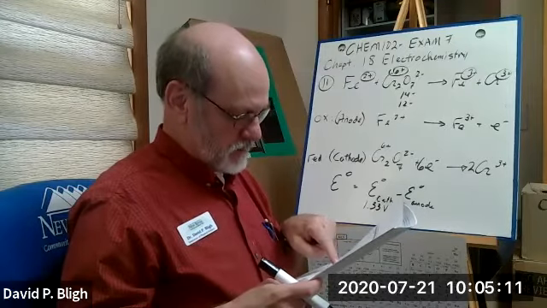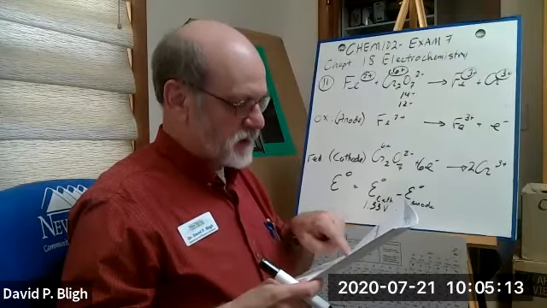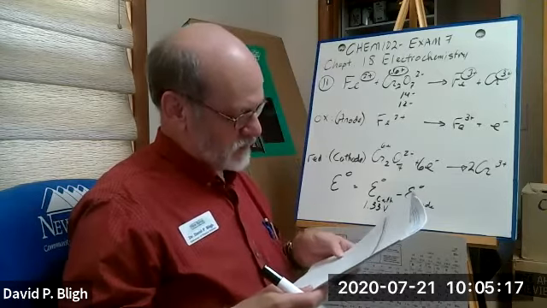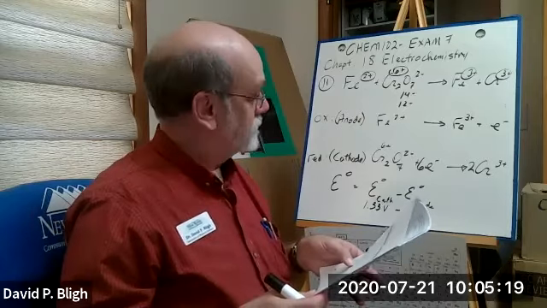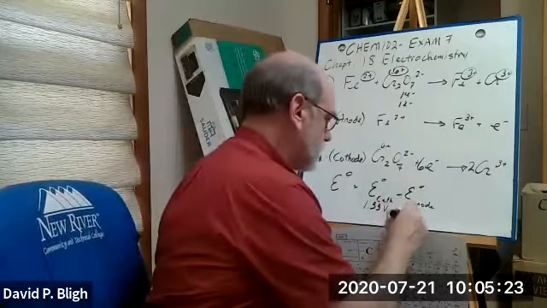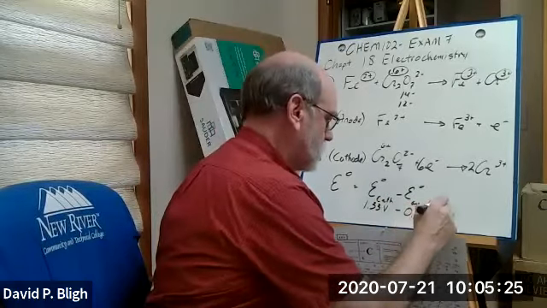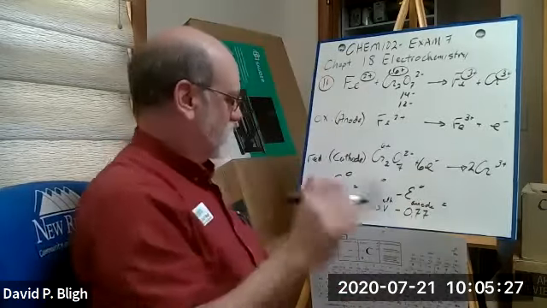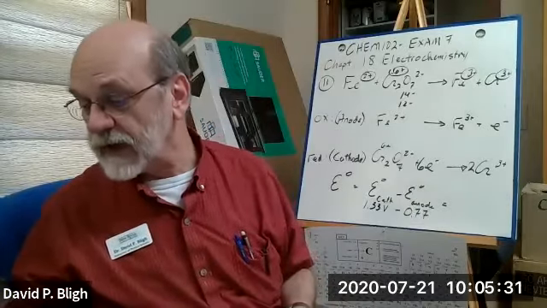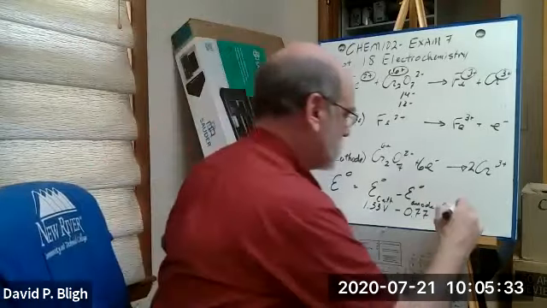That's not it. Go back over here. Here it is. Fe3 plus, 1 electron, Fe2 plus, 0.77. Okay? So we just subtract that one from the other one, and we get 0.56.